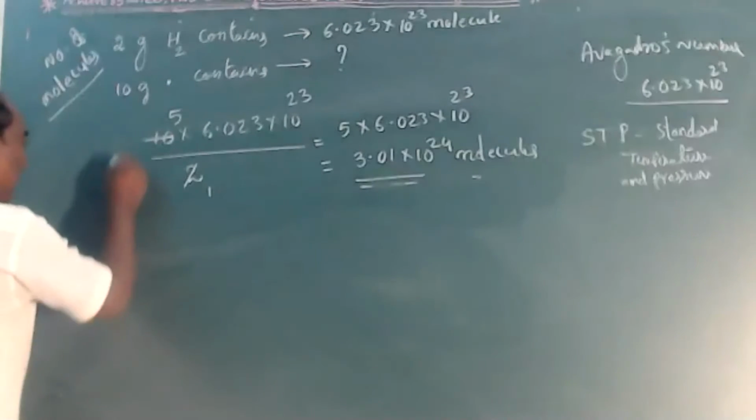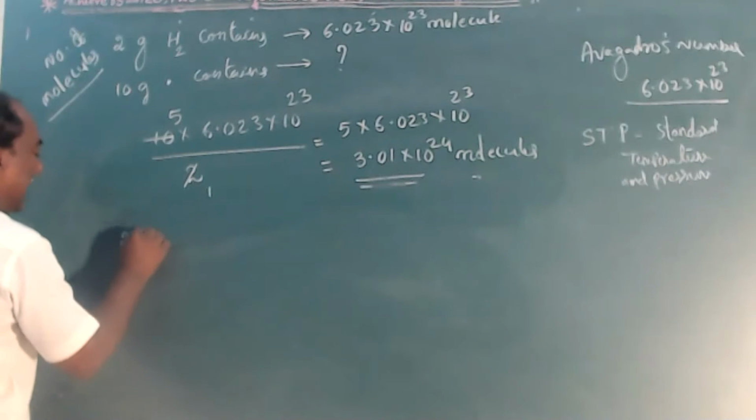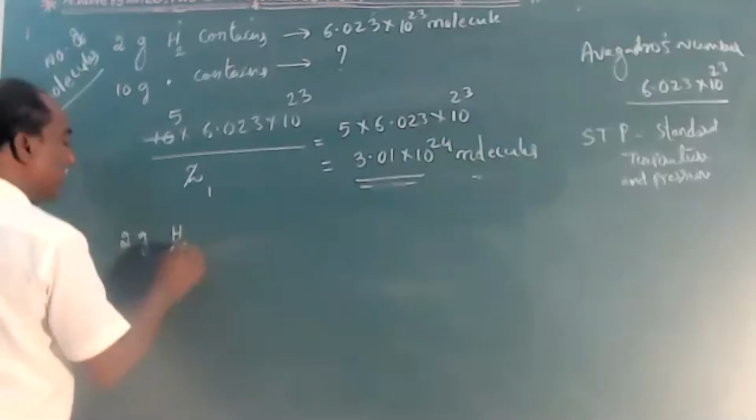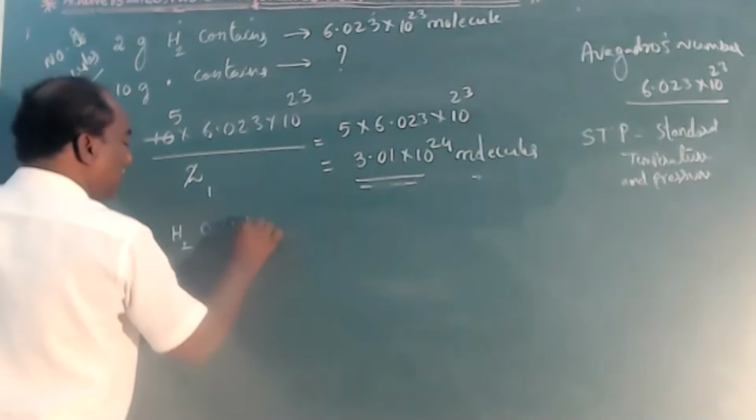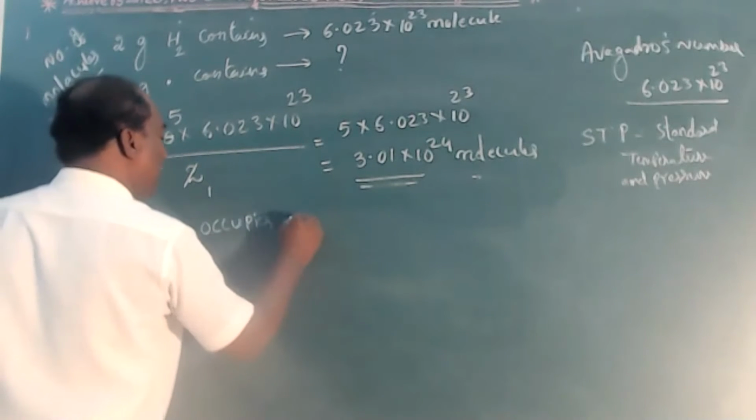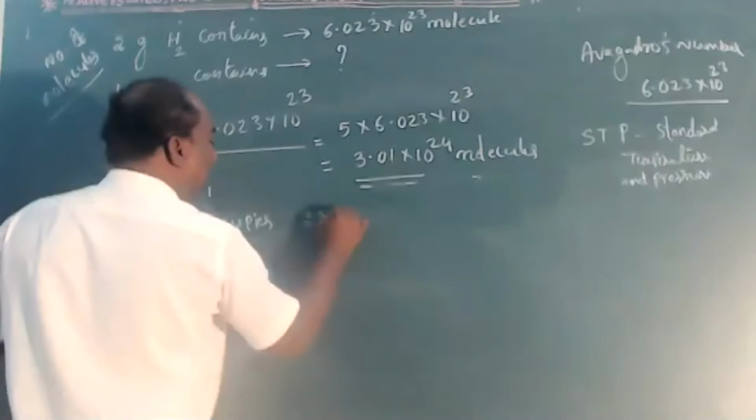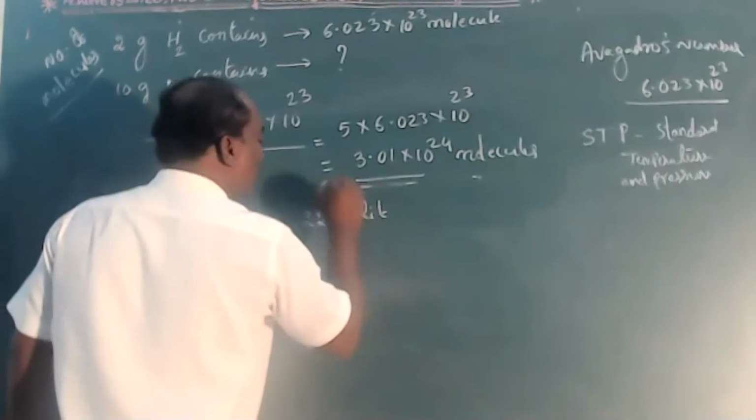So according to the problem, 2 grams of hydrogen occupies 22.4 liters of space.